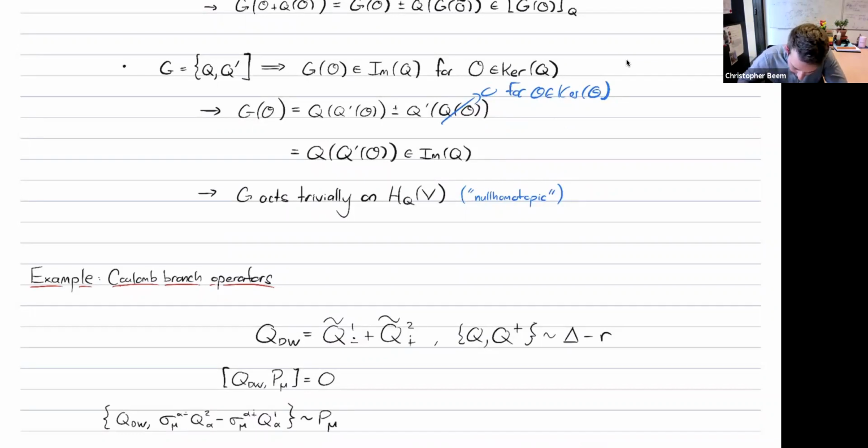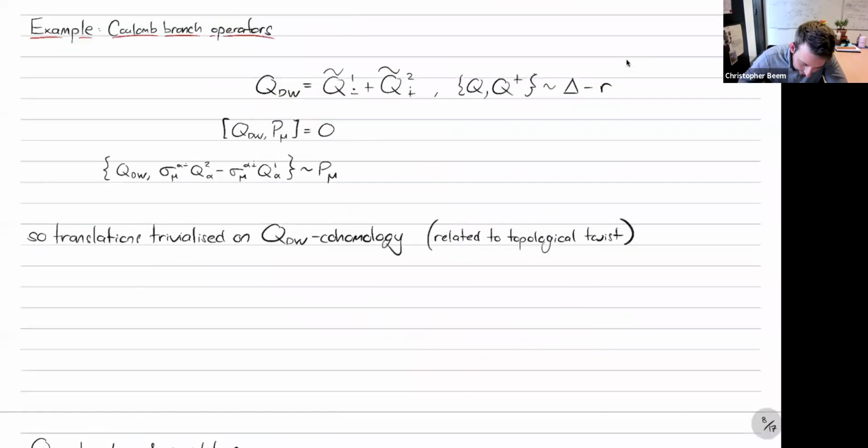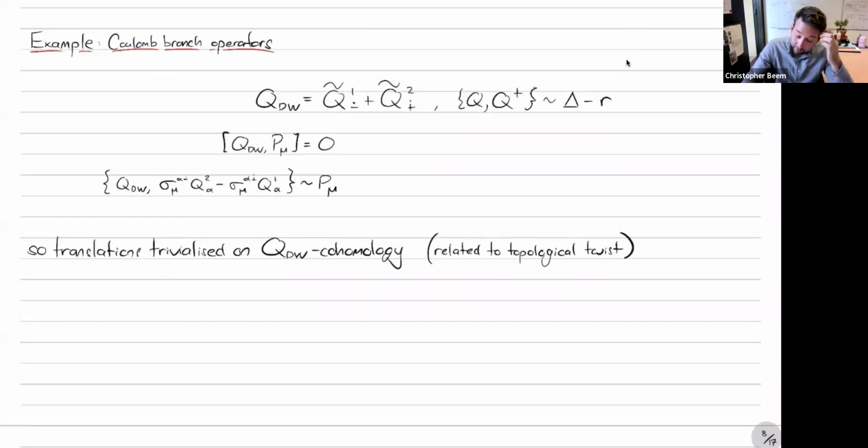So coming back to the simplest example that I keep coming to, which is these epsilon multiplets, you can rediscover them as an interesting set of operators from this cohomological perspective. You introduce a supercharge, which I've labeled with a DW for Donaldson-Witten, because this supercharge is somehow related to the so-called Donaldson-Witten twist of a theory, although we won't focus on it.